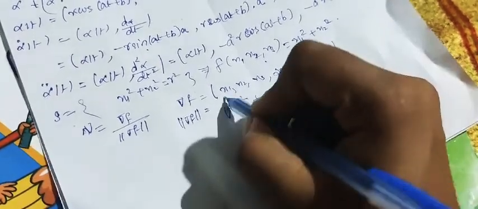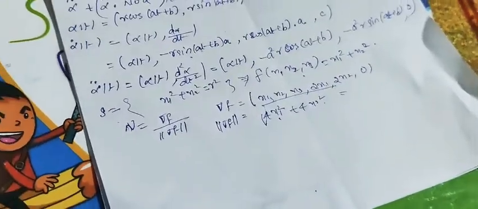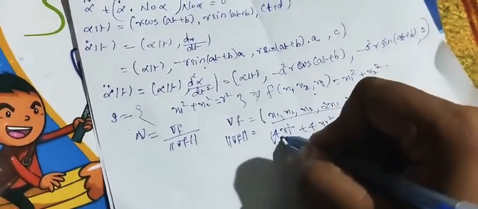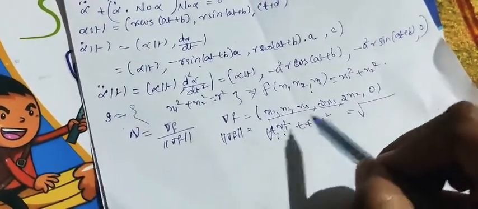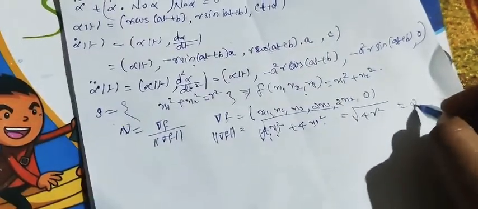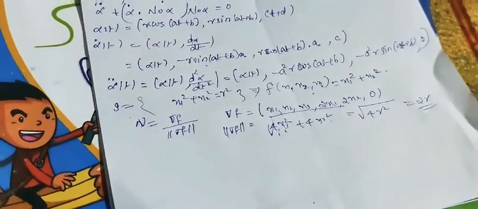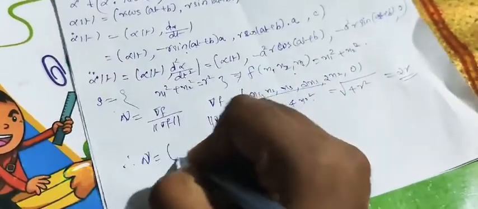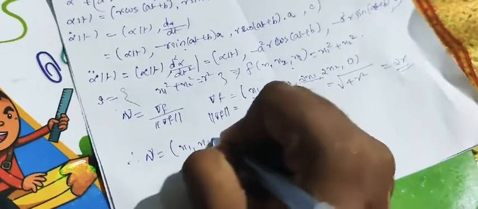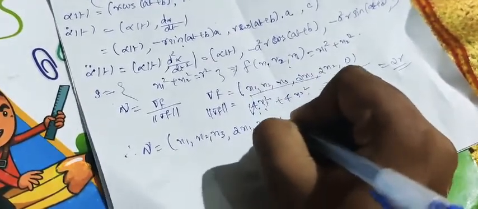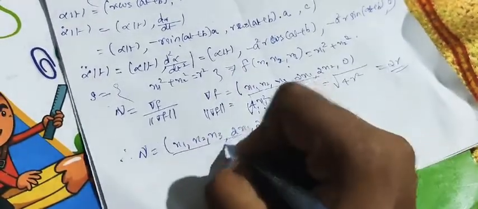So this is del f, and norm del f is the square root of 4x1 square plus 4x2 square. Taking 4 as a common factor, 4 into x1 square plus x2 square, that is 4r square, which is equal to 2r. Therefore N is equal to x1, x2, x3, comma 2x1, 2x2, 0 whole divided by 2r.